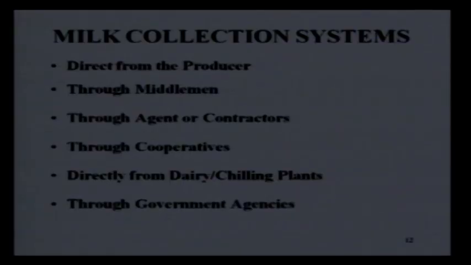Next comes the cooperative system. As you know, in our country, Amul gave us a success story of establishing the cooperative structure, and the milk cooperative structure is more or less more successful as compared to our other farm communities.